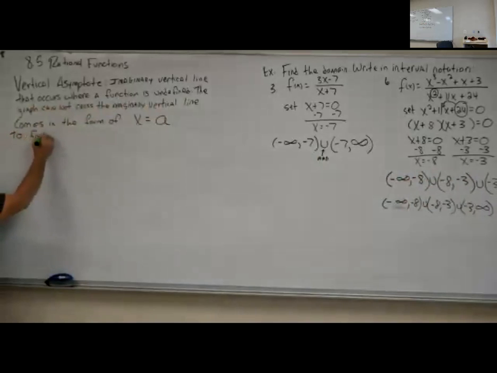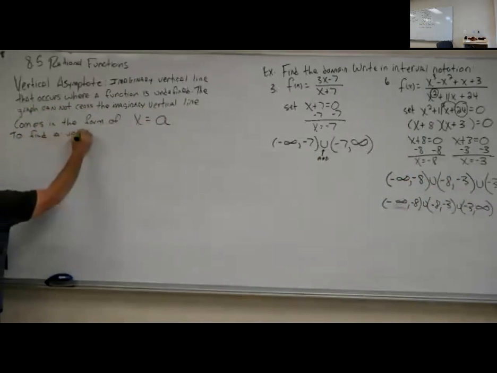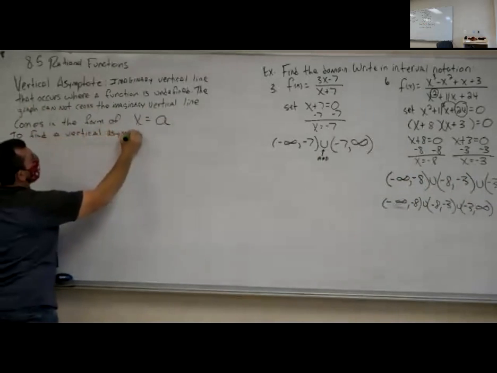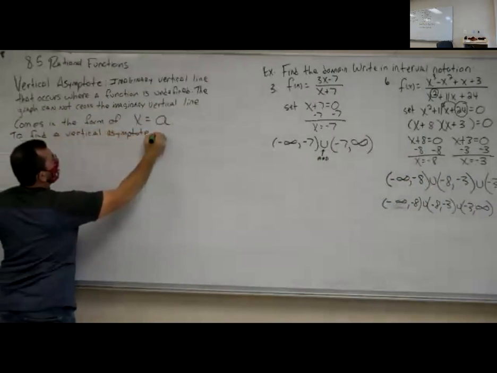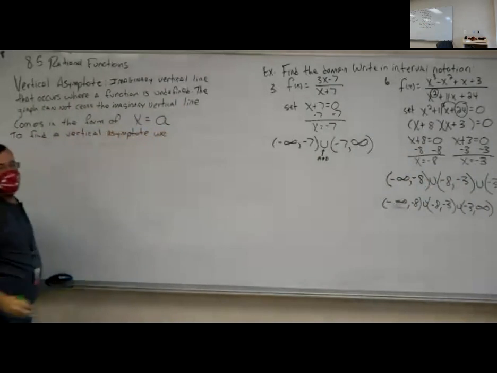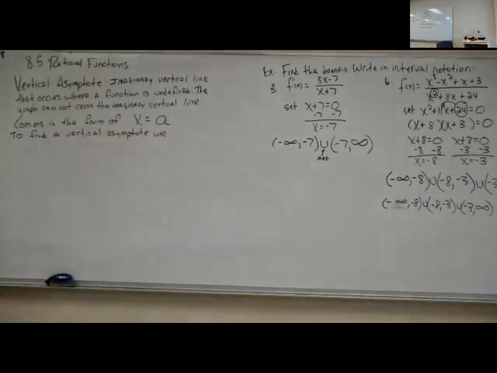So to find a vertical asymptote, we set the denominator equal to 0 and solve for the variable.